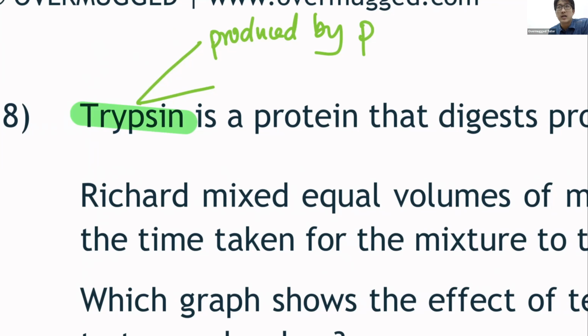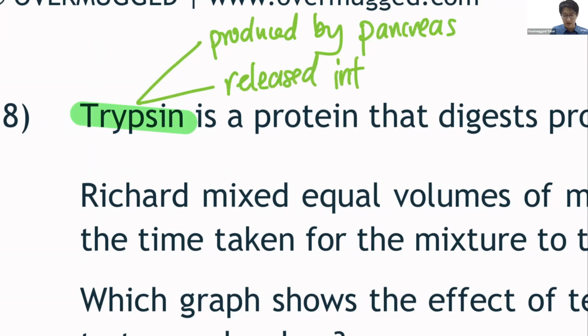What produces trypsin? Pancreas. Thank you. It's produced by the pancreas and released or secreted into the duodenum. Please keep this in mind. Released into the duodenum.